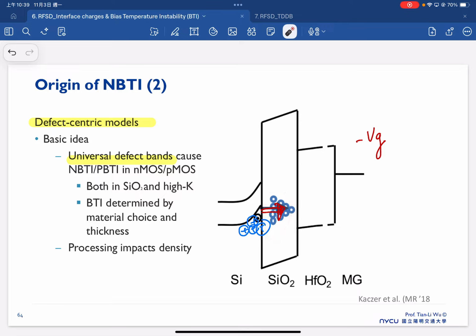So this model suggests that this NBTI is mainly determined by the material and thickness, and also the processing can impact the defect density as well.